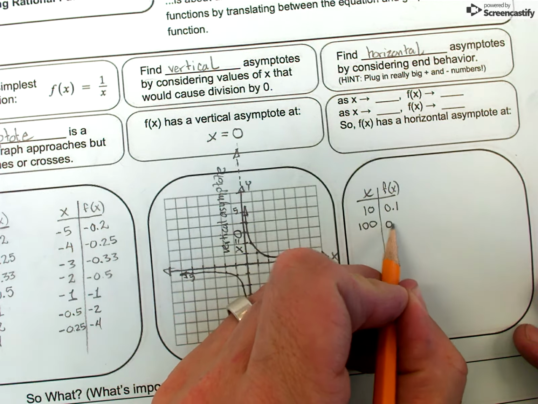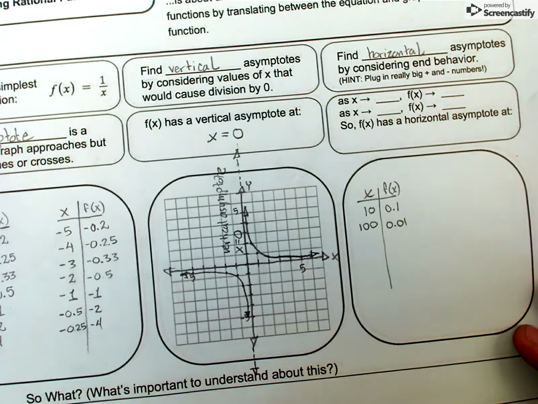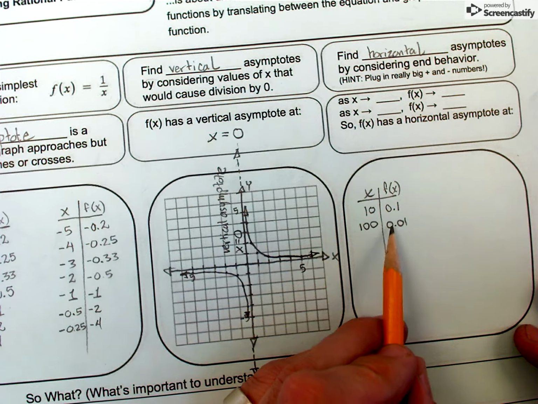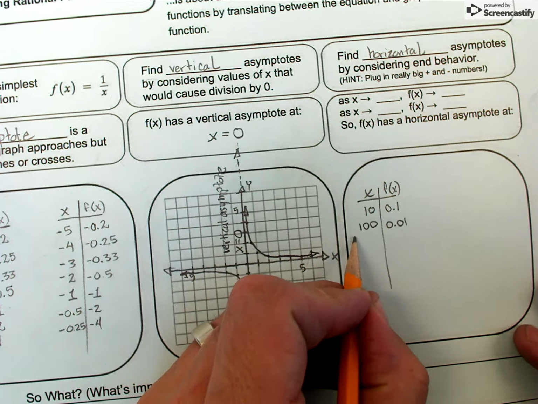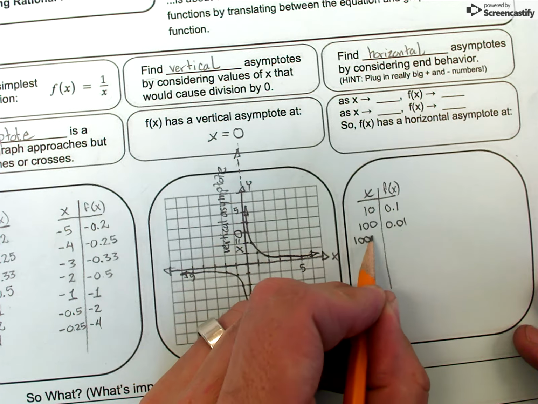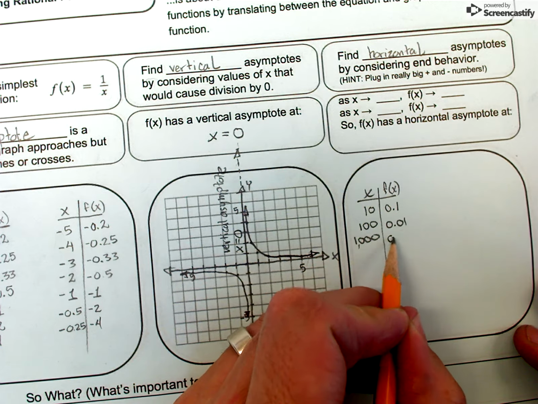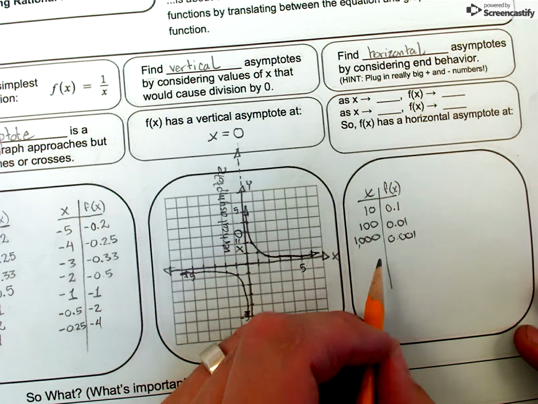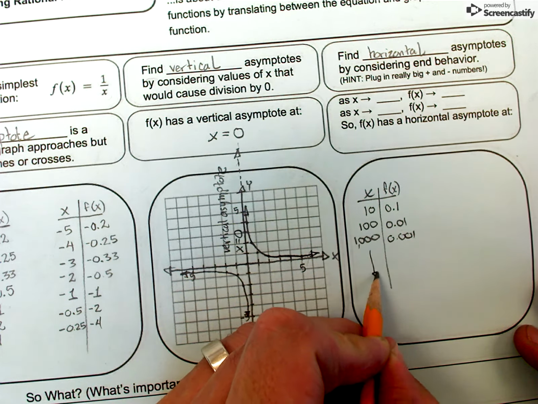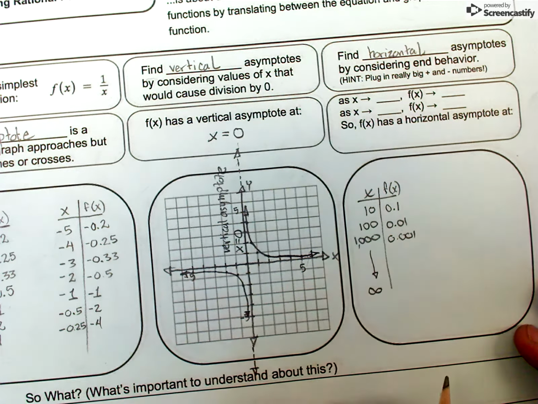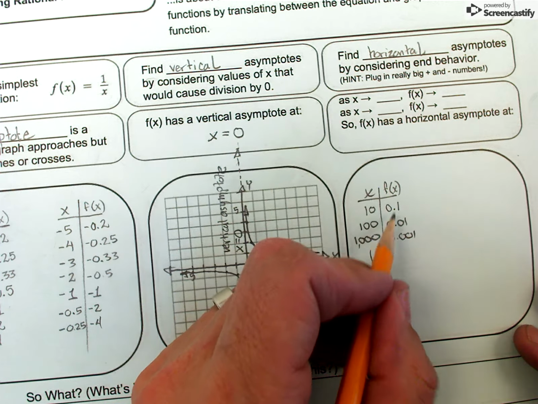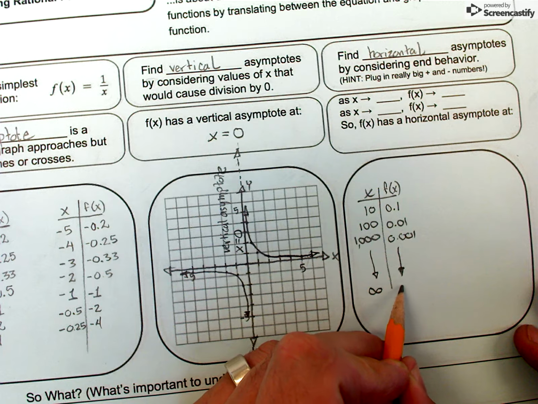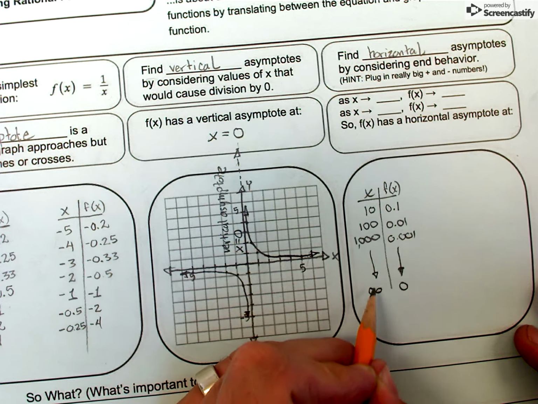Now I'm going to do x equal to 100, and I get 1/100th. If you're not sure, just plug it into a calculator. 1 divided by 100, that's 0.01. I can even go to 1,000, and I get 0.001. So you can see what's happening. x is approaching infinity in this column, and the value of our function is approaching 0.